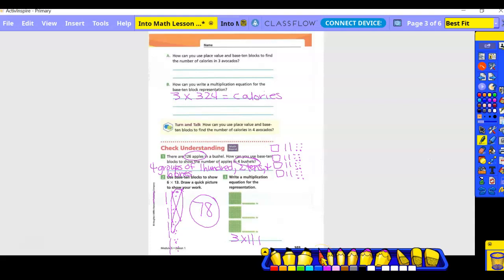I have 1 long, right? So here's my groups, right? And in each group I have that. So, can I regroup any of these? No. So 3 times 111 is? I had 3 flats for 300, 3 longs for the 10s, and 3 small cubes for the 1s.